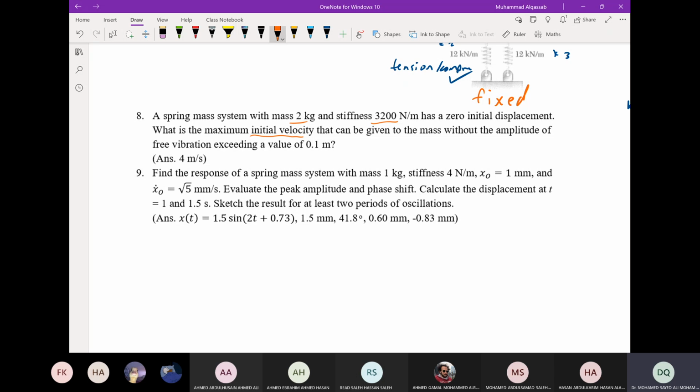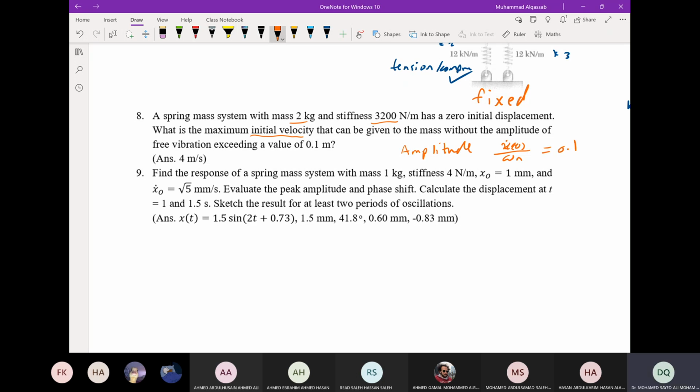From the response equation, we know that the amplitude in this case is equal to x dot at 0 divided by omega n. Okay, that is the amplitude, and we make this equal to 0.1.